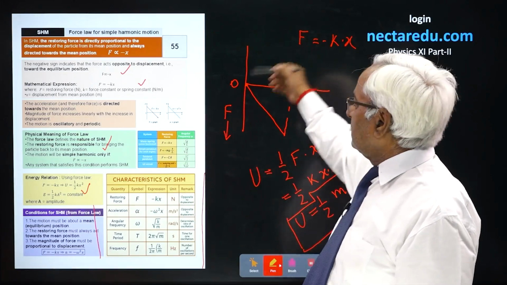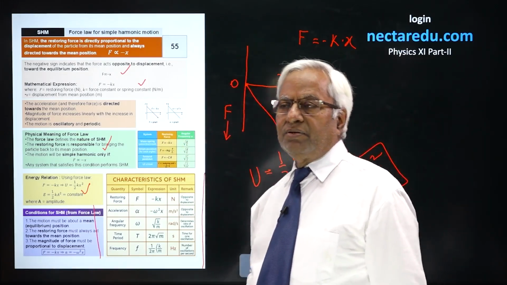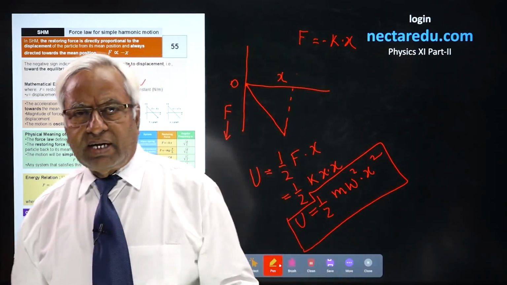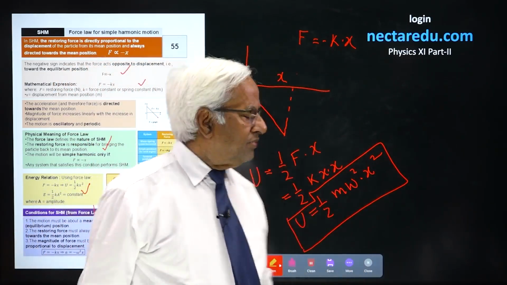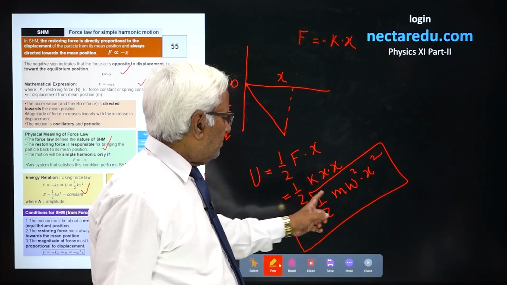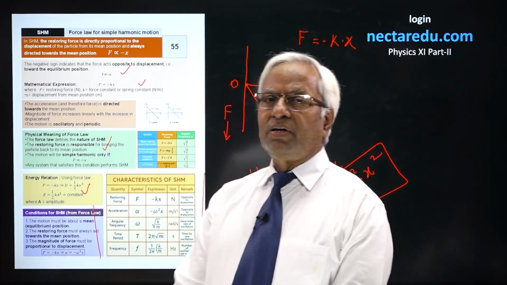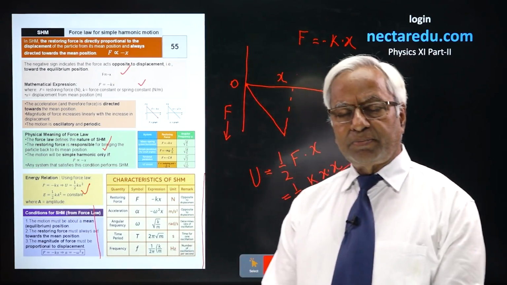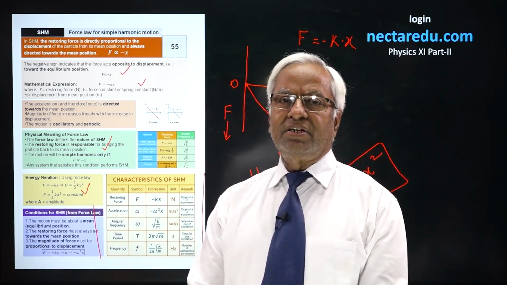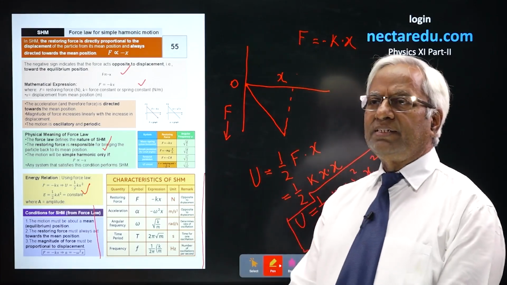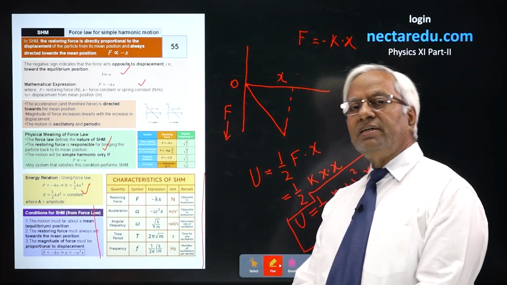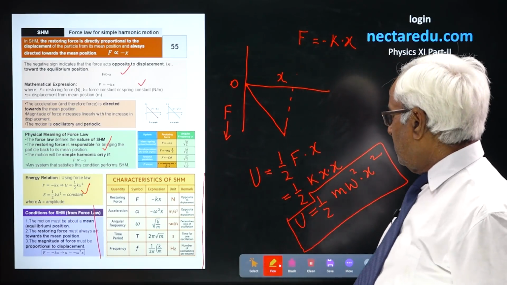In coming lectures, when we cover the types of pendulum, I'll tell you different pendulums have different values of constants. The most essential condition for simple harmonic motion is that displacement, velocity, acceleration, all are variable. They change with distance and with time as well.